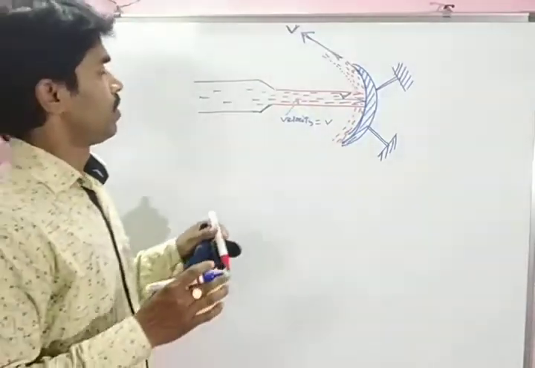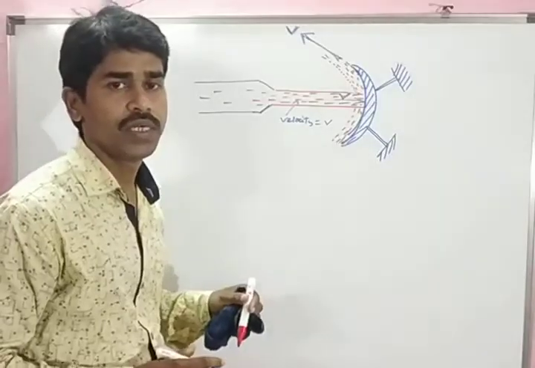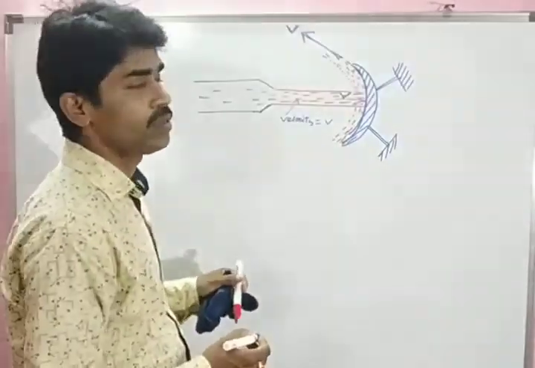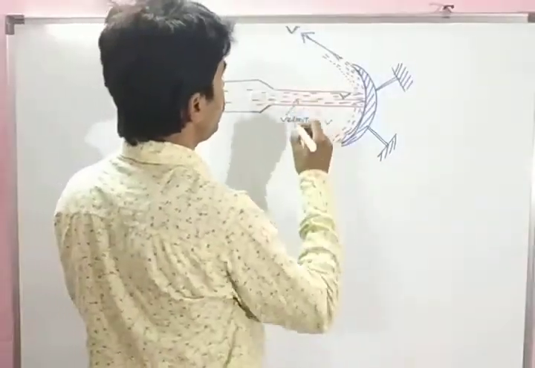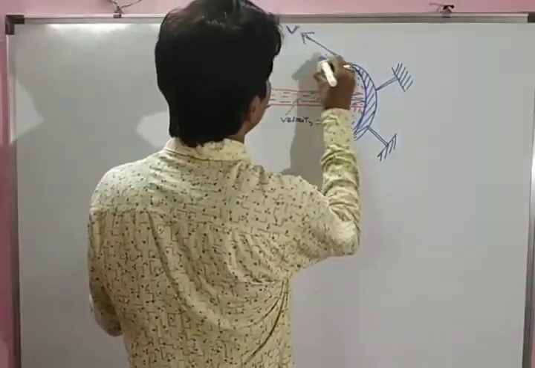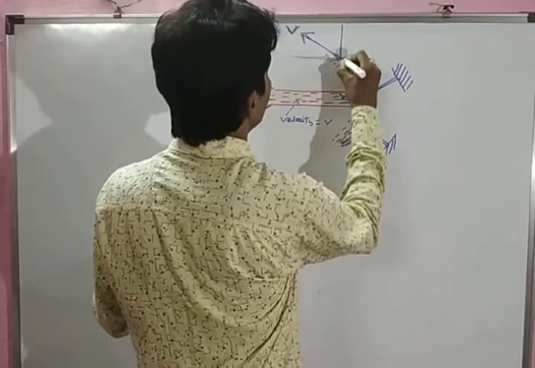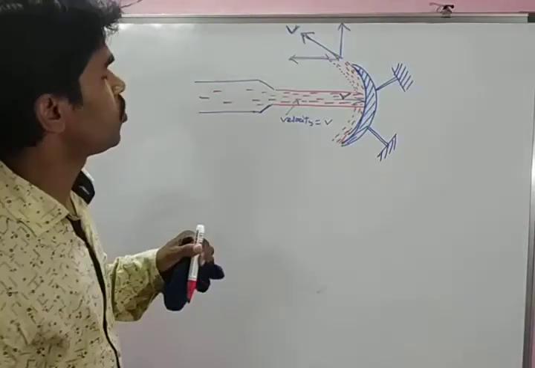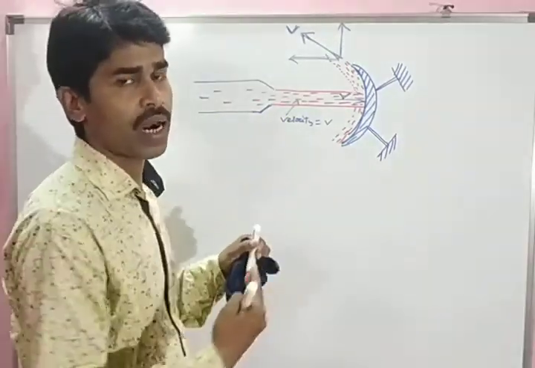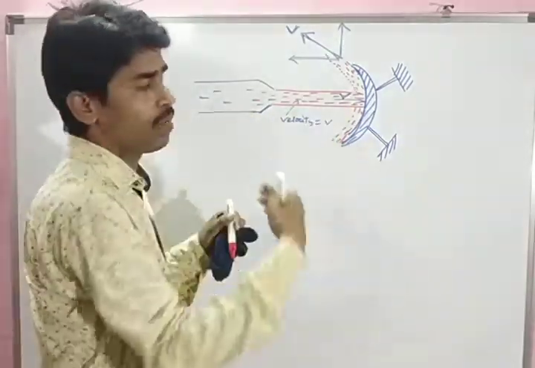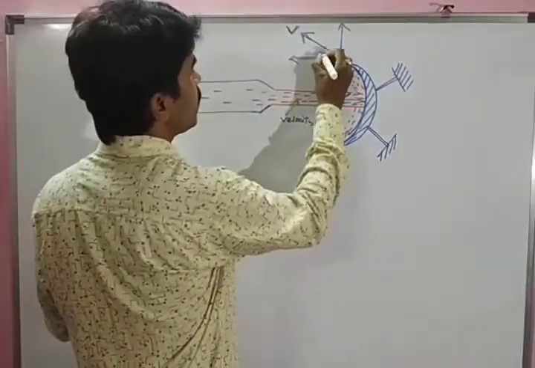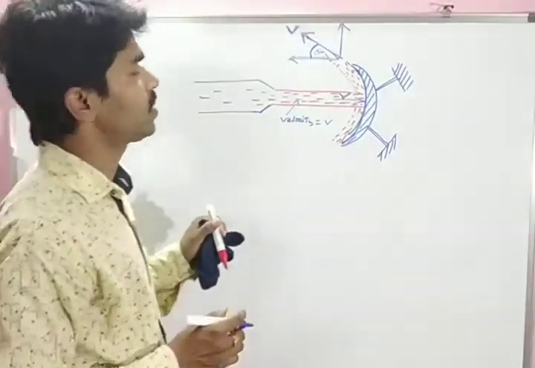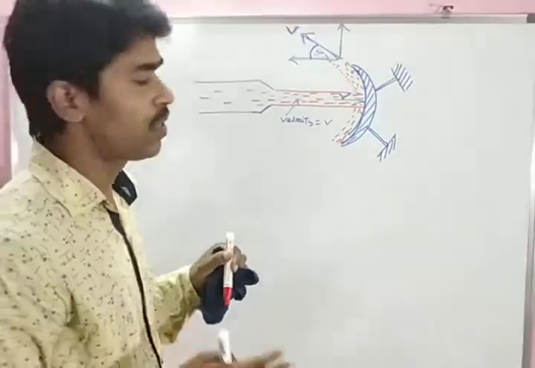Now we have to resolve the velocity, and calculate the force in each direction, horizontal and vertical. Theta is the angle of the velocity at the outlet with the horizontal.